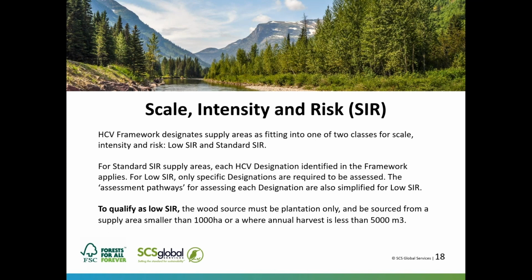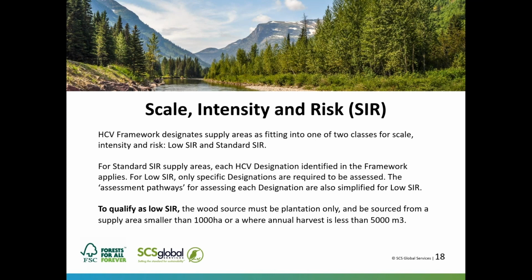And it is an or. It must be plantation, full stop, and either must be less than 1,000 hectares or less than an annual harvest volume of 5,000 cubic metres.